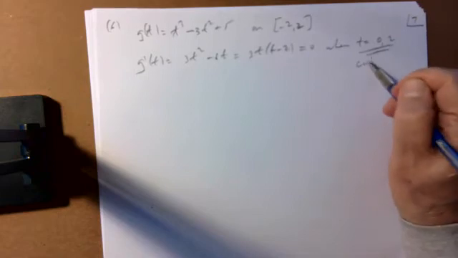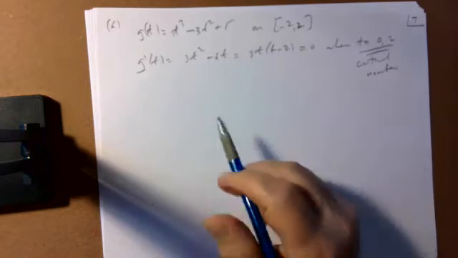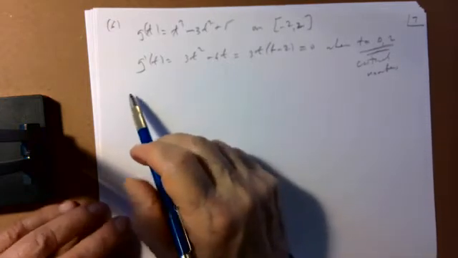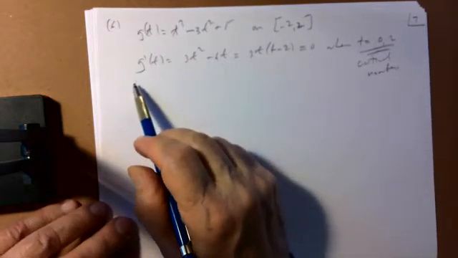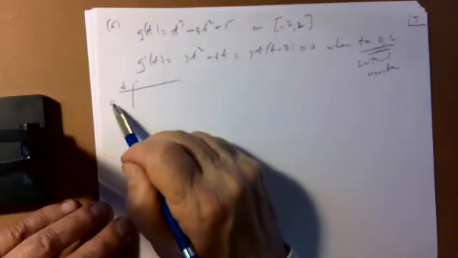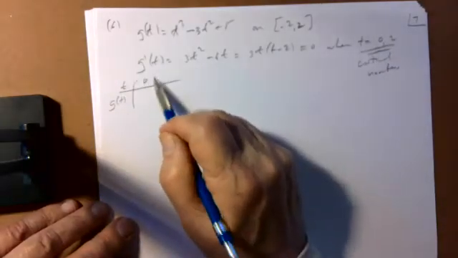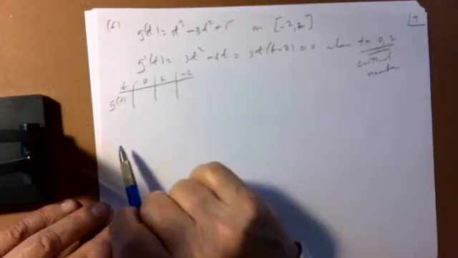So these are the critical numbers. So we need to make a little table for t and g of t. So we have the critical numbers 0 and 2, and also -2, the endpoints.